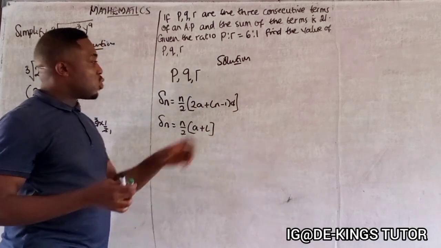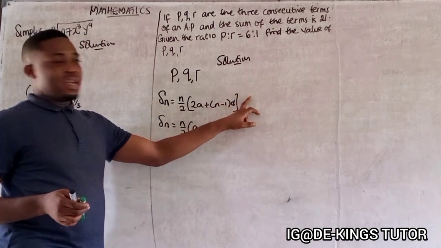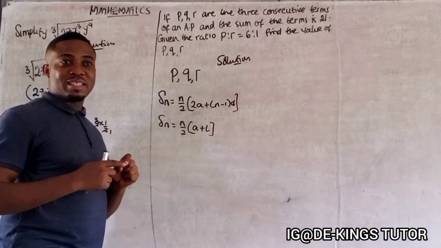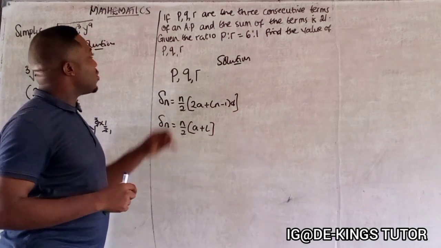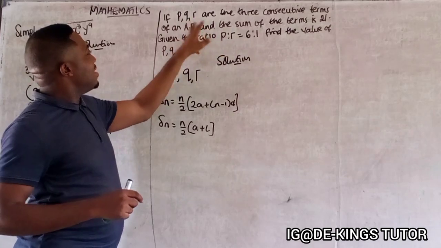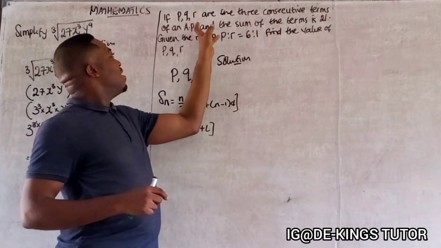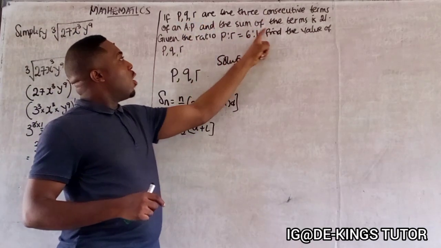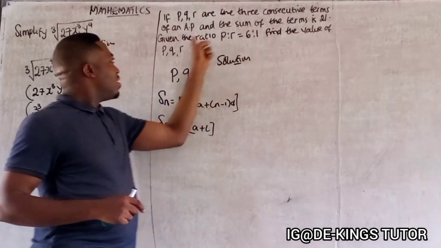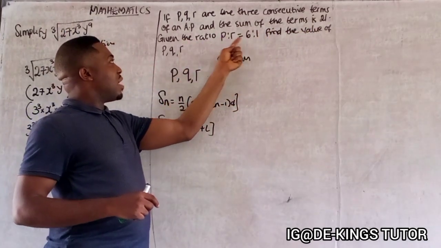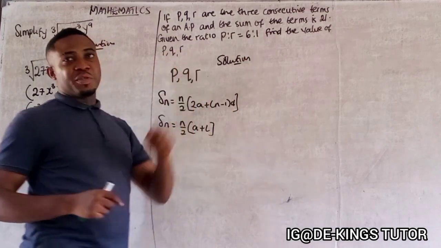We use the first one when the common difference is given, and this when the last term is given. Okay, so they said if these are 3 consecutive terms of an AP and the sum of the terms is 21, given the ratio P is to R as this, find the value of P, Q, R.